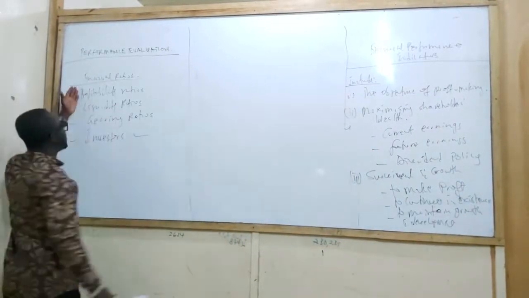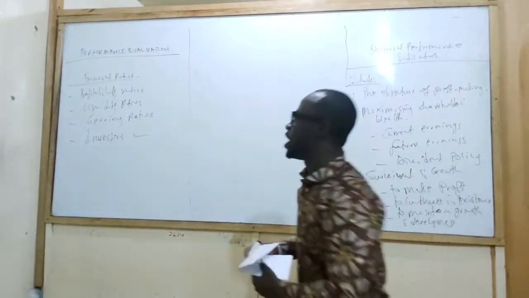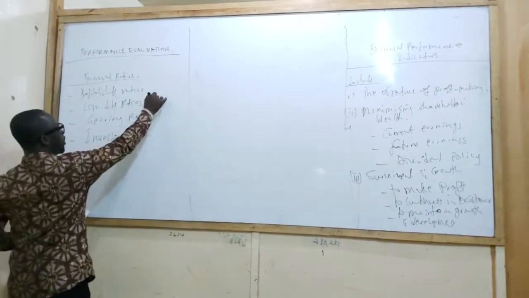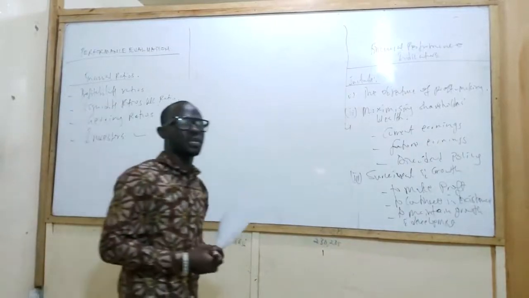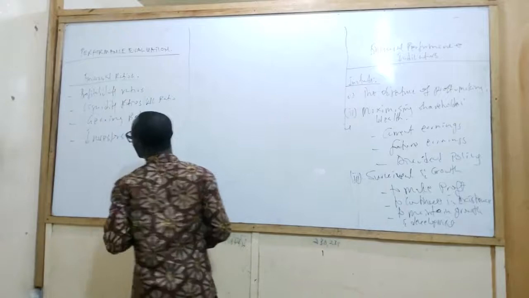Now, profitability ratios, as the name suggests, measure how much profit the entity is making. Liquidity ratios, or what we call the working capital ratios, measure the short-term liquidity of the company, that is the ability of the company to pay its short-term debt as they fall due.